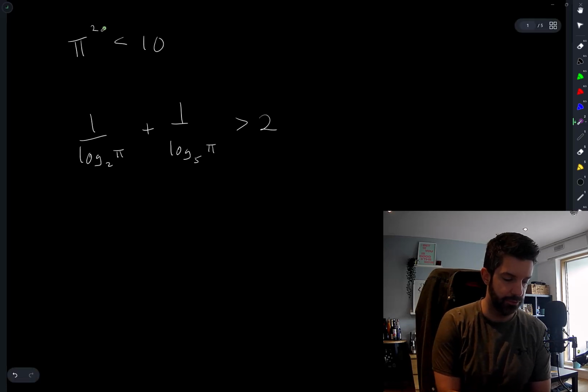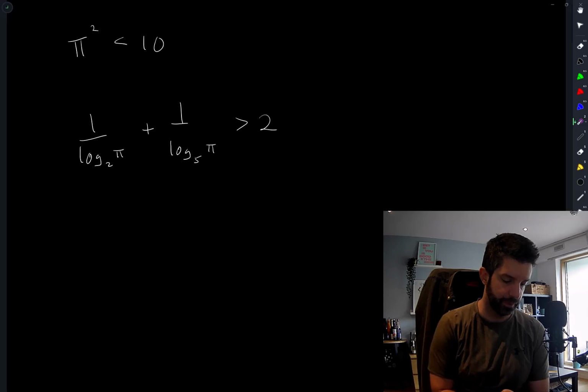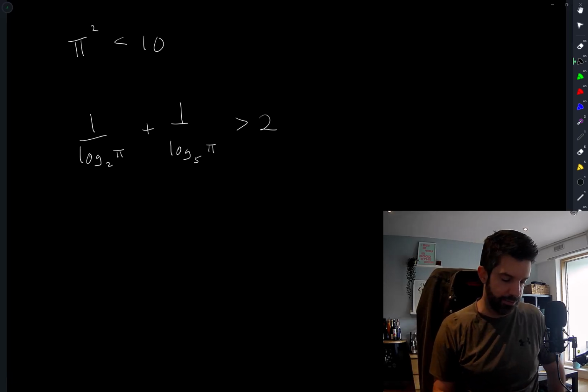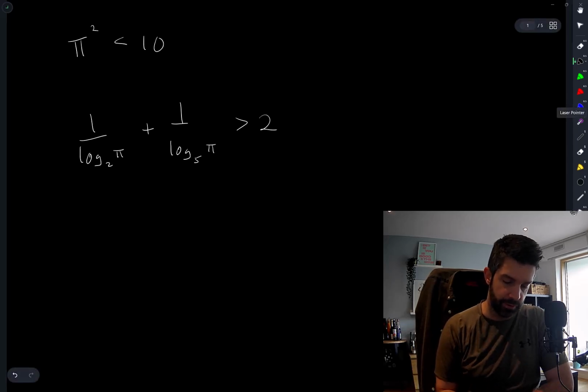If I take a square root of this, the left-hand side is like the geometric mean of pi with itself. This looks like something to do with a harmonic average, but I'm not really sure where that's all going to lead.